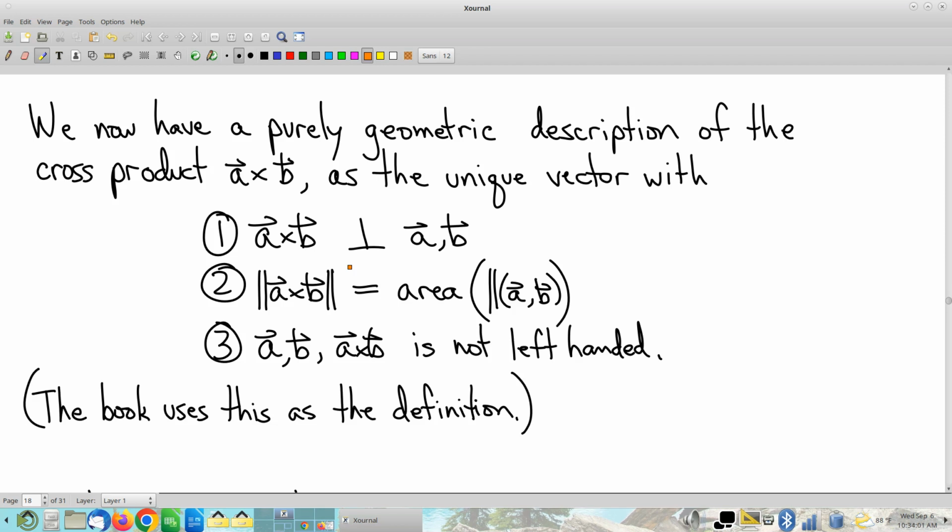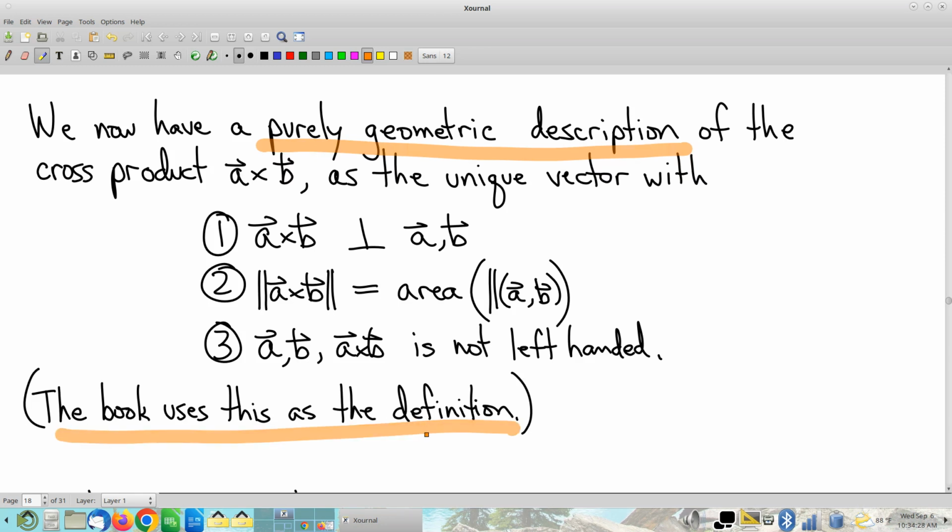Recall I defined the cross product with a formula. A very algebraic formula. It's literally, I just wrote down a bunch of expressions. What we have now is a purely geometric characterization of the cross product, and by the way, it's also perfectly satisfactory as a definition.